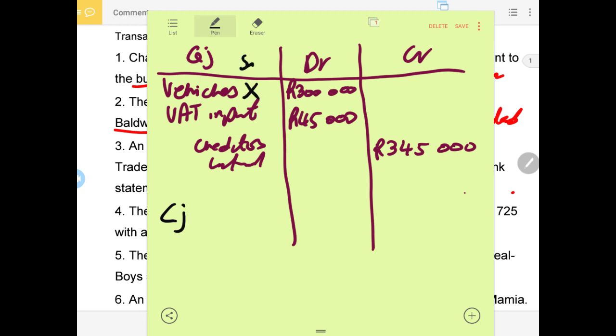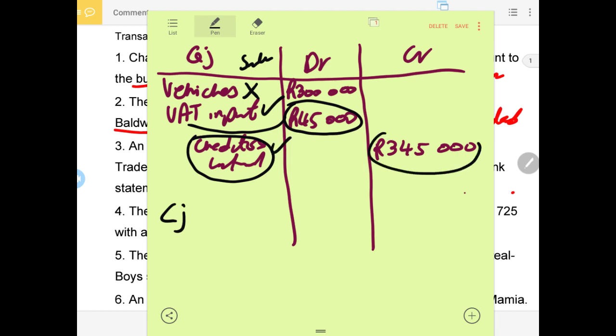It will go under sundry accounts. Does VAT input have a column in the creditors journal? The answer is yes. Then 45,000 will be recorded under the VAT column. Does creditors control have a column in the creditors journal? The answer is yes. Therefore, the 345,000 rands will be recorded under the creditors control column.